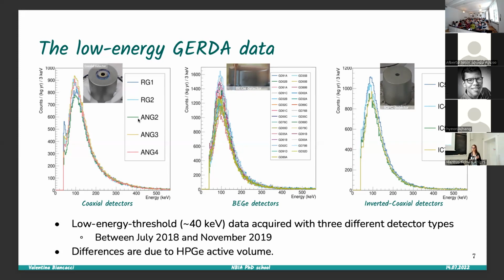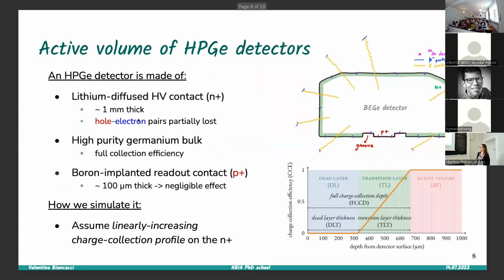The most important difference that we can observe between these detectors is given by the active volume. Abby already talked about it, just a quick reminder. The volume of the detectors is not entirely active, but we have a region around the surface where the detector can't see any signal.